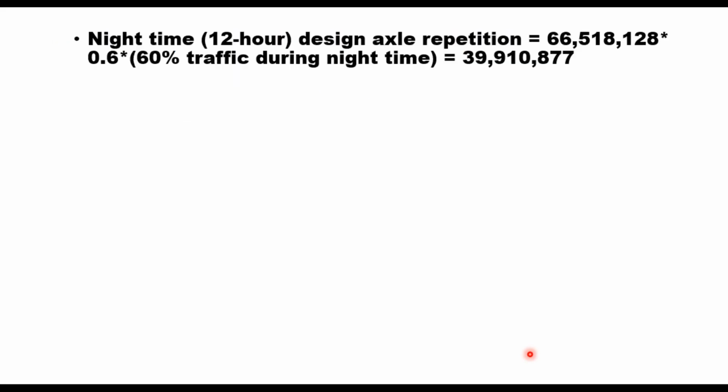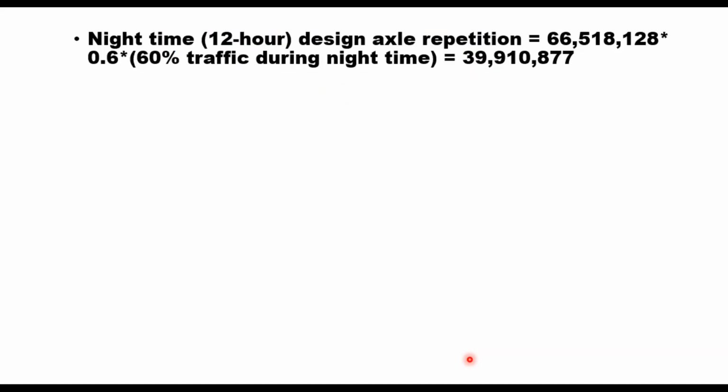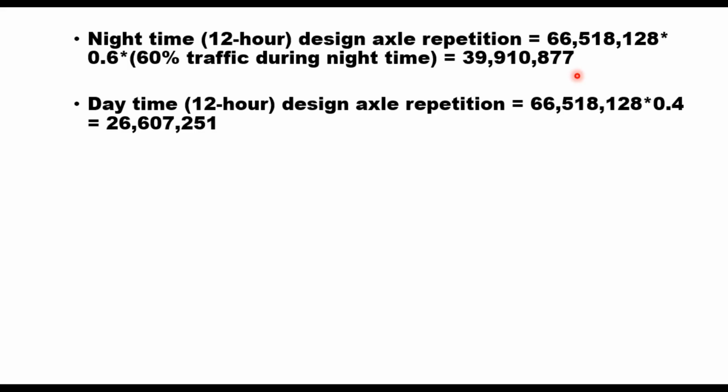Nighttime traffic, that is 12 hours design axle repetitions, will be 60% of this traffic, because night traffic is given as 60%. So 60% of this traffic will be 39,910,877 axles. Daytime traffic will be the remaining, that is 40% of this, so it will be 26,607,000.